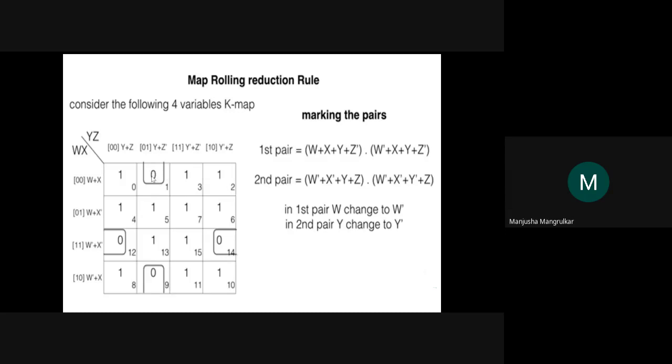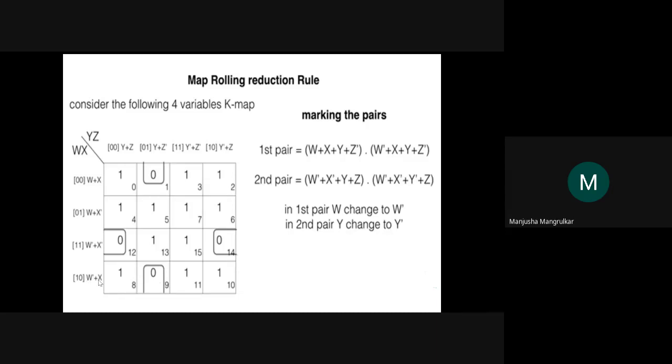Now suppose we are considering this term 1. So w plus x plus y plus z complement. And if you are considering this ninth term, w complement plus x plus y plus z, then x, y and z are common, so the only change is w to w complement. So what is the function for this pair?